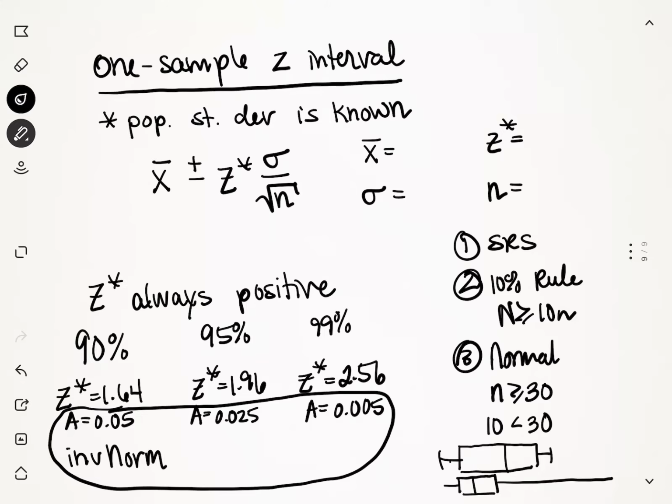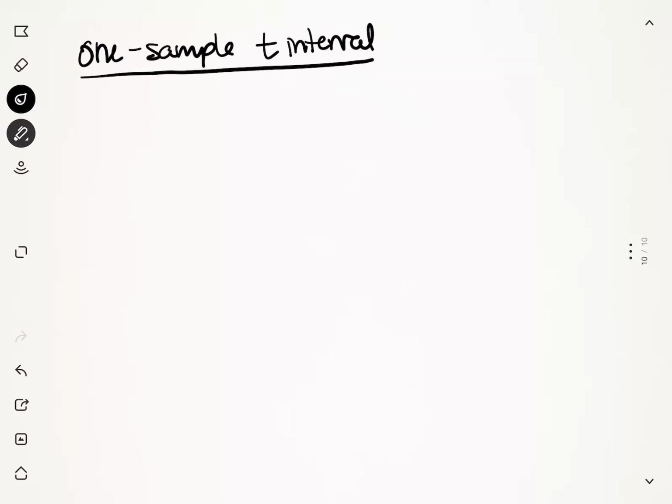Let's go on to discuss our one sample t intervals. So the big difference between a one sample z interval and a one sample t interval is that we use a t interval when we do not know the population standard deviation. So population standard deviation is unknown.